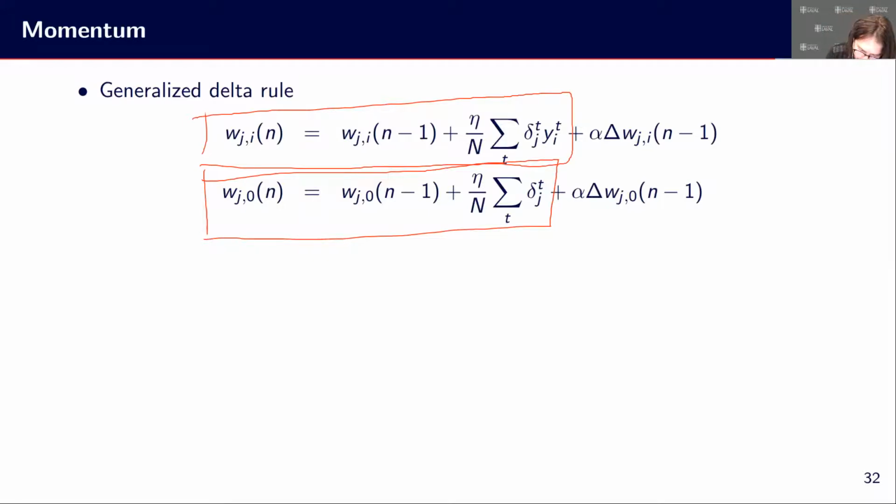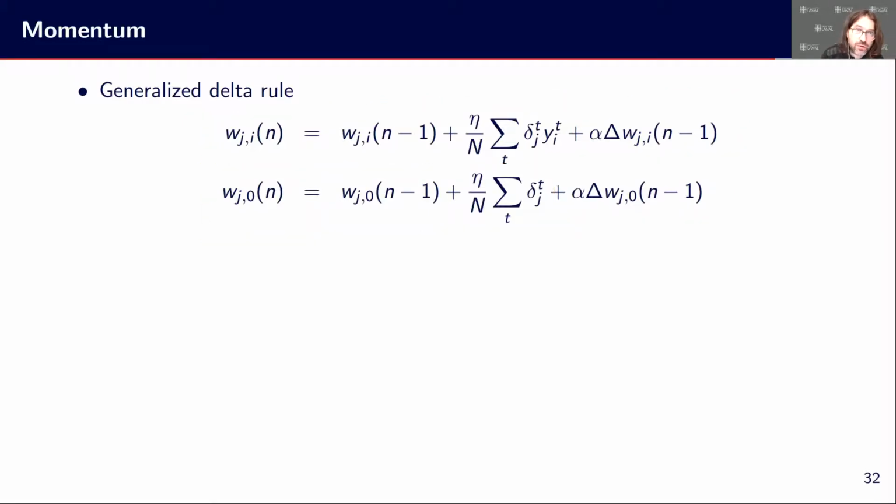But we are adding here on the right side some more elements, and these elements are in fact the corrections, the delta that has been applied to the weights at the previous iteration. So we keep some memory, and we keep updating the weights according to the updates we made before. That is called the momentum.